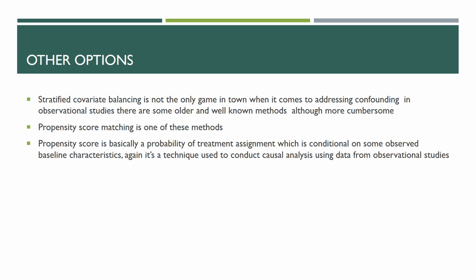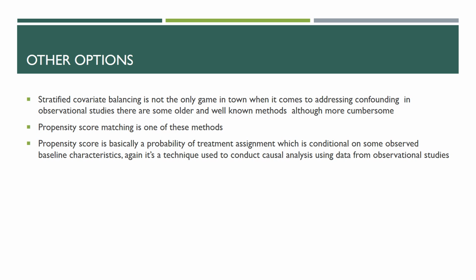This is a good time to pause for a moment and think, what are the other options? Confounding in observational studies has been such a major issue for such a long time that obviously stratified covariate balancing is not the only game in town when it comes to addressing this issue in observational studies.